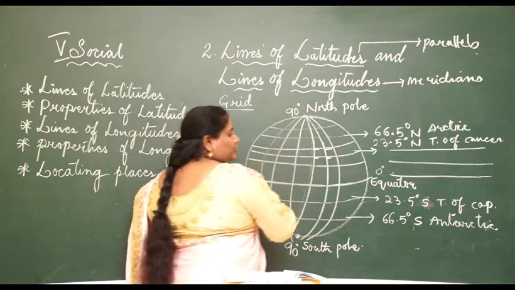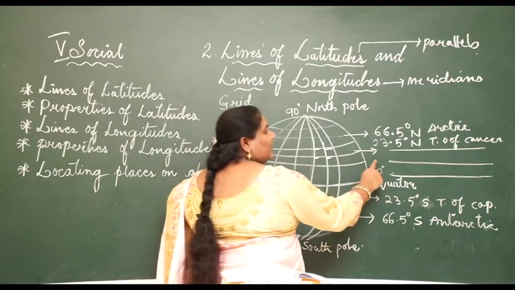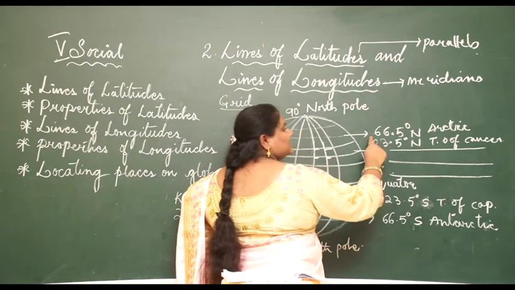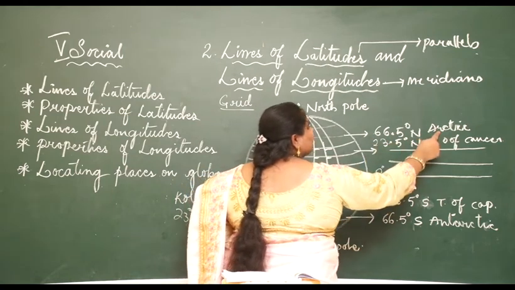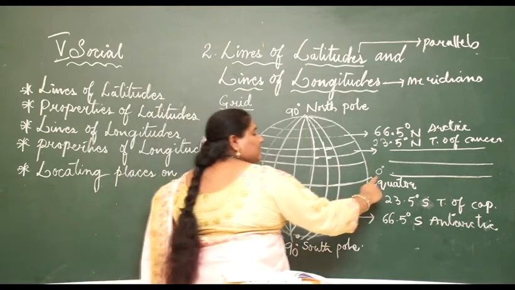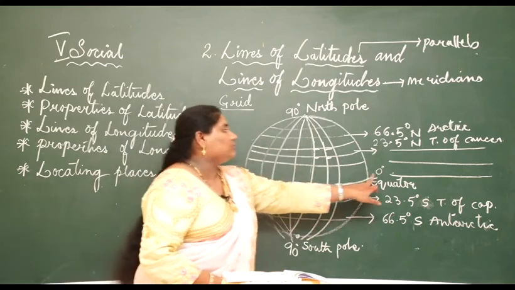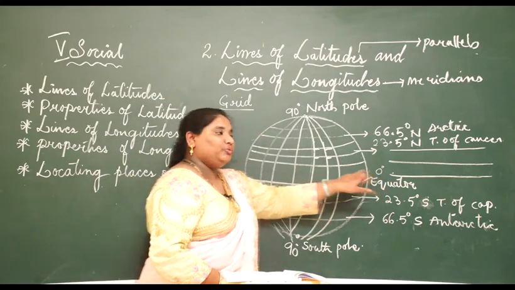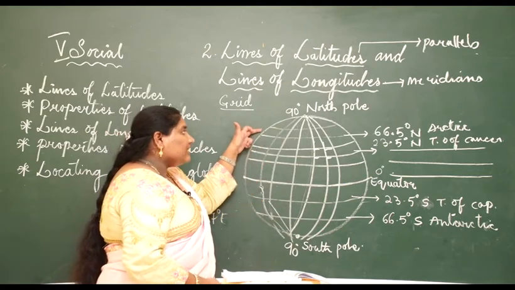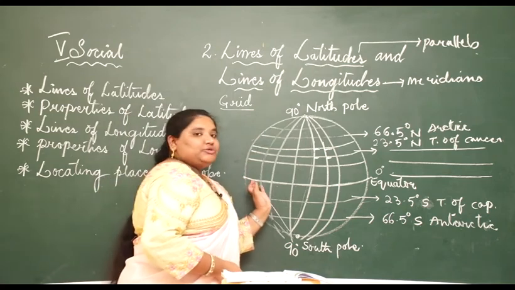Lines of latitude are also called parallels, in which 23.5 degrees north is called the Tropic of Cancer and 66.5 degrees north is called the Arctic Circle, separated by the equator, a great circle. The equator is also known as 0 degrees latitude, which is of great size. The size of the other parallels decreases when compared to the equator.